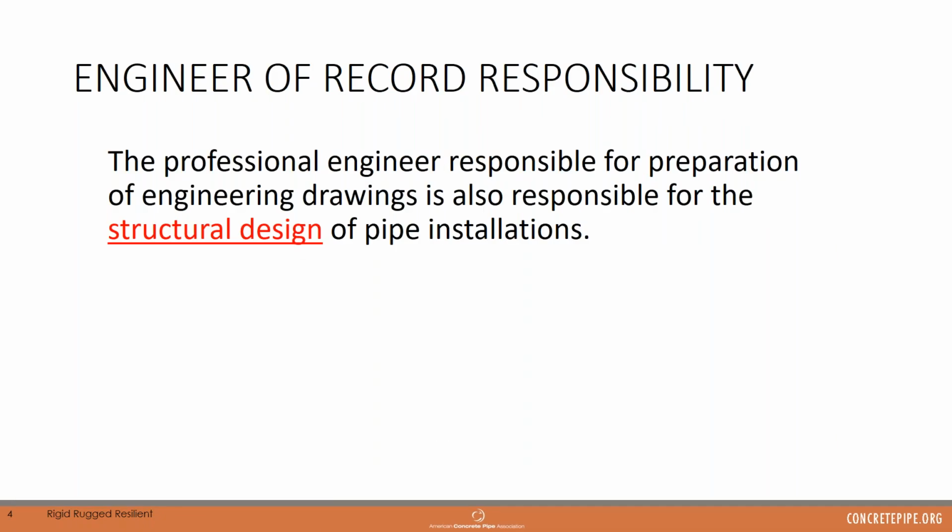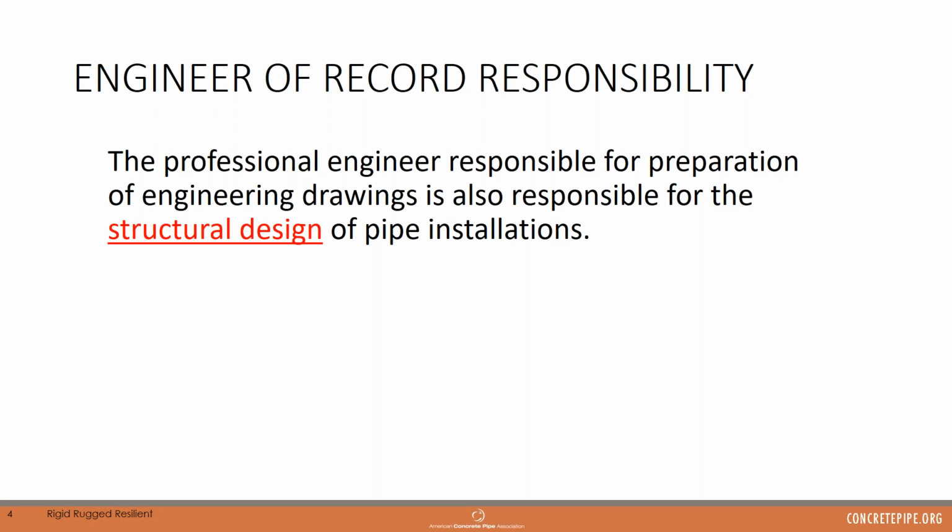Now, what I like to see in a lot of contracts and other standard specifications is just a reminder to the engineer of record. As Kim mentioned, many of you are probably professional engineers or are working your way towards getting your professional designation. And so you have to be mindful of clauses like this. The professional engineer responsible for preparation of engineering drawings is also responsible for the structural design of pipe installations.